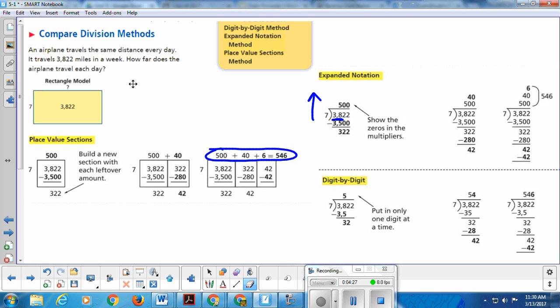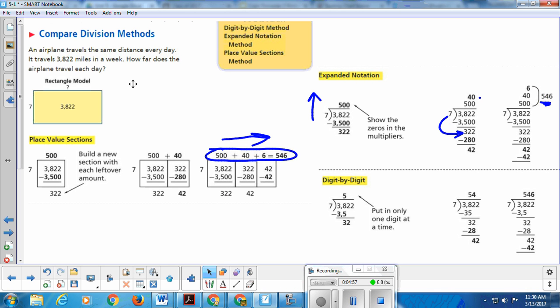So I'm going to subtract. I get 322. Move to the next one. 7 goes into 322. 40 times is 280. And then I'm just stacking my numbers going up as opposed to laying them across in place value sections. You're going to add it up and it's still going to be 546.